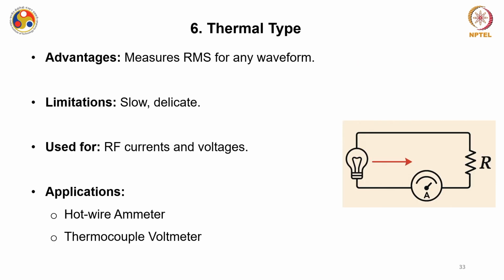The advantage is they measure the true RMS of any waveform. However, they are limited by their slow response and their delicate characteristic. We will discuss the thermocouple in the transducer chapter, but in between we will also talk about the hot wire and thermocouple based devices.